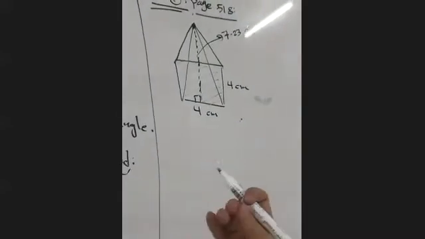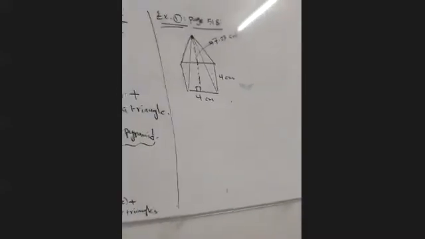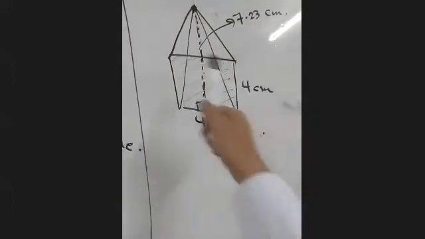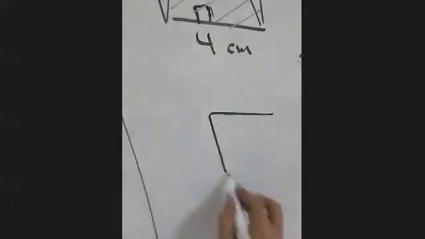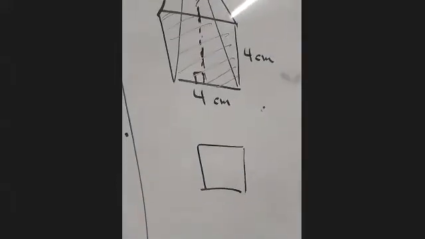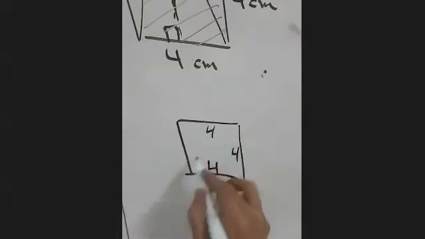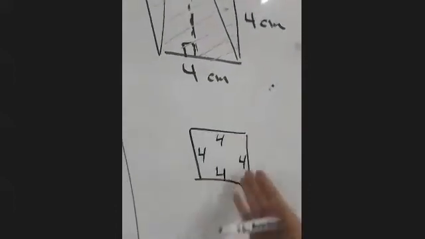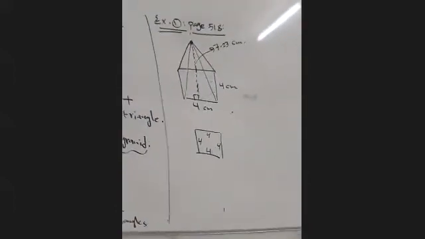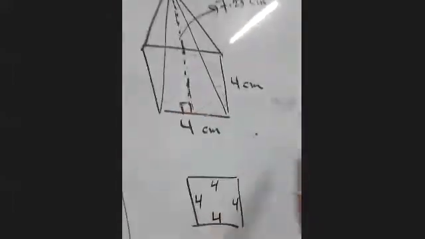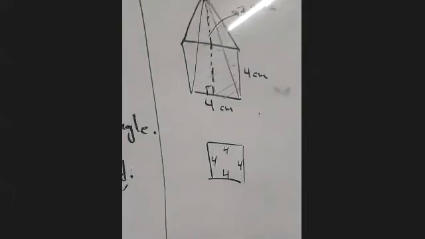Let's make the net. To make the net, it is easy. Start with the square and label it. This is 4, 4, 4, 4. Label means put the side lengths. And I will bring like Caesar and cut all of these triangles and lay them flat.